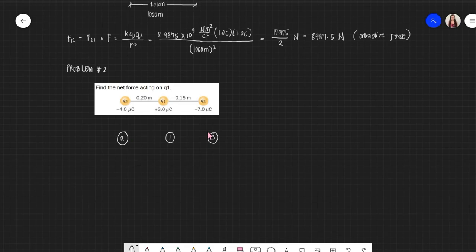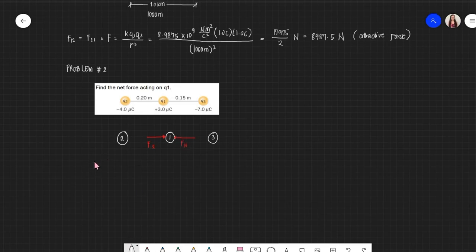So we are just looking for the net force that is acting on Q1. Because Q2 is negative and Q1 is positive, there is a force of attraction between them. So this is the force exerted by 2 on 1. And this is the force exerted by 3 on 1. Okay, so both are directed towards Q1.